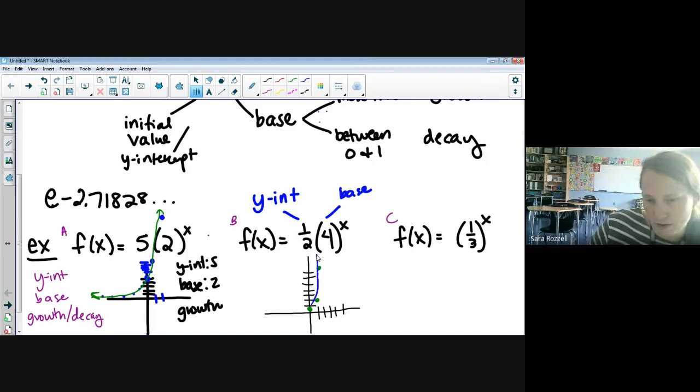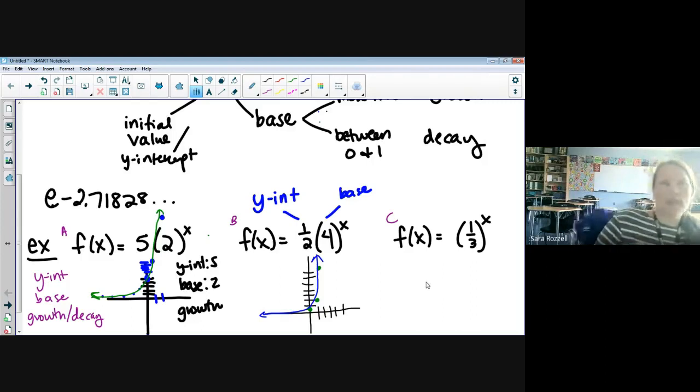And it also does not touch 0 across the x-axis. So to determine what the graph is, think where it should cross, and then what's happening every time. It's multiplying by 4, so you would multiply your starting number times 4 to get your next value.